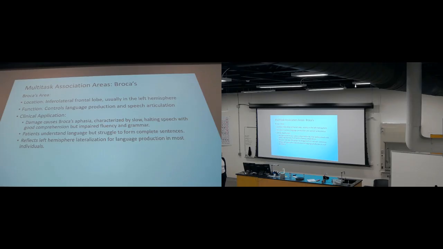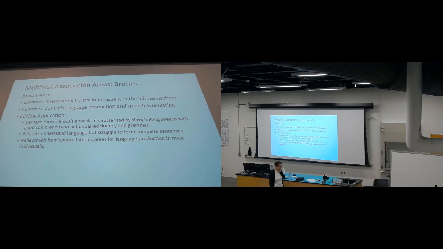And then for language, we have two areas. We have Broca's, which is located in the inferior lateral part of our frontal lobe. This one is located typically in the left hemisphere and controls the movement of the muscles of mastication, so that when we speak, we produce clear speech by articulating the words well.